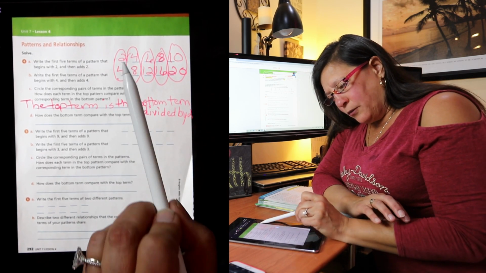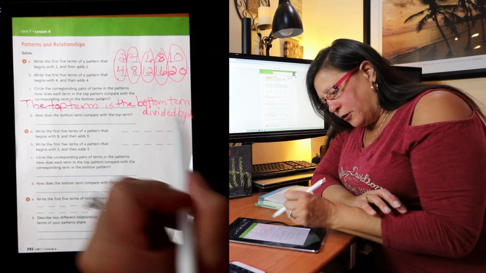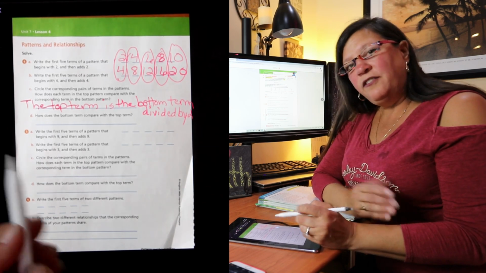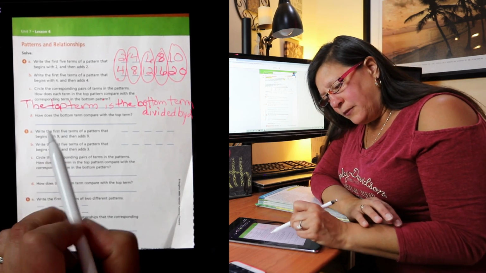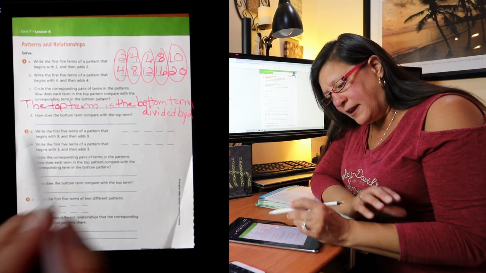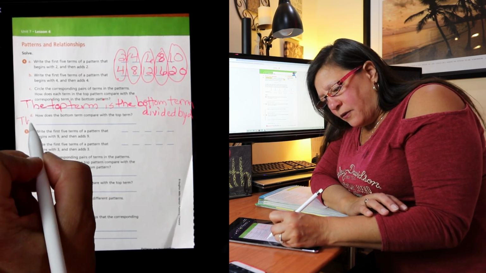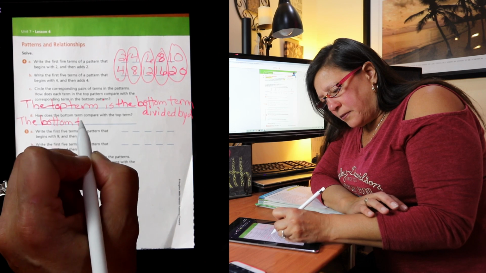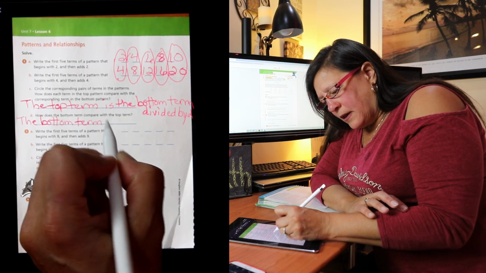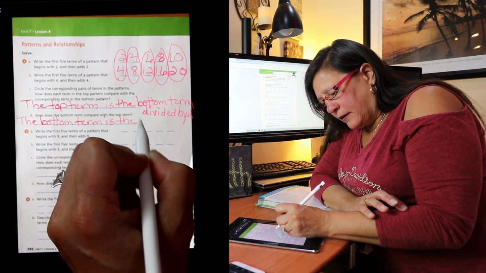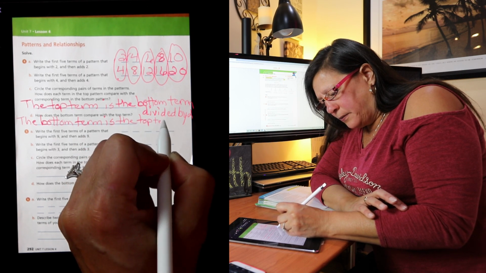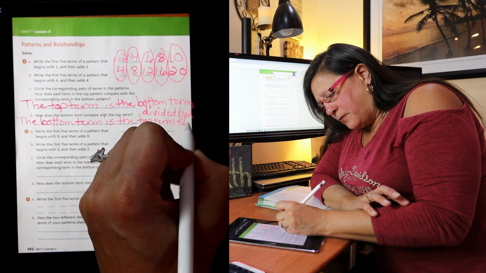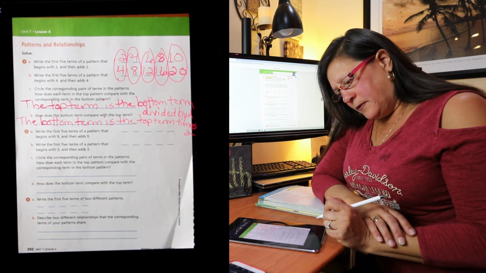So the top term, which is 2, is the bottom term, which is 4, divided by 2. Okay, so then if we look at the bottom term compared to the top term, it would be the opposite. So the bottom term is the top term times 2. Okay?